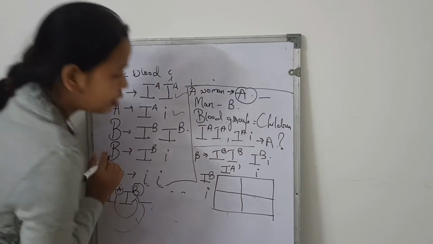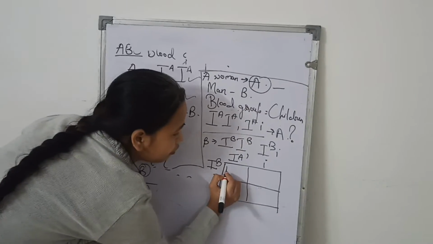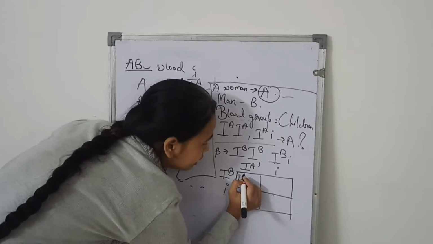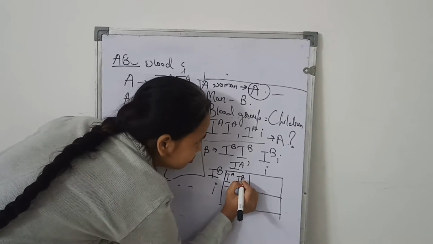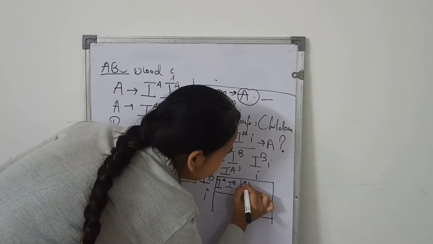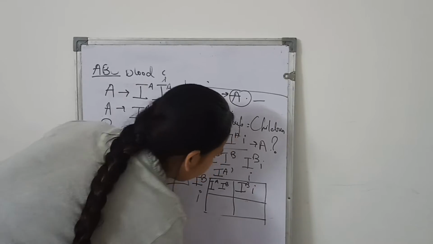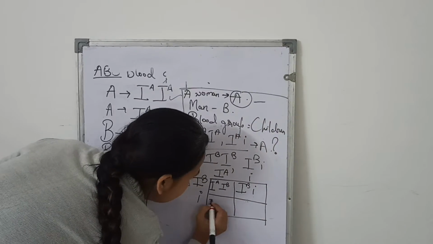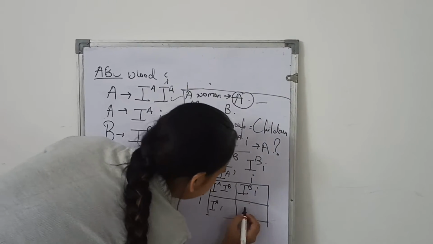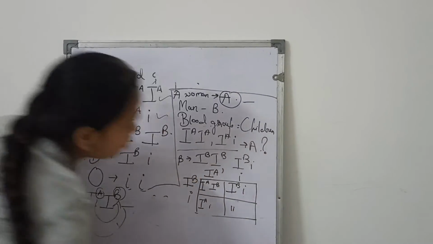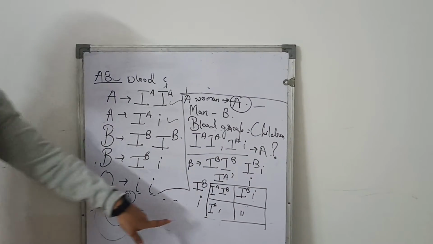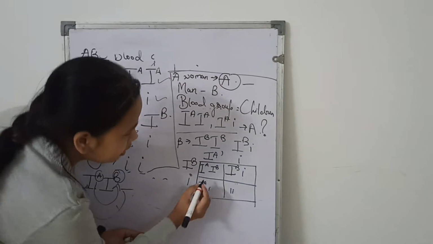Okay. So let's do the cross and what will we get there? Here it is IA IB. It is IB i. You can say here IA i and ii. So okay, these are the genotypes, and what will be the phenotypes of these?